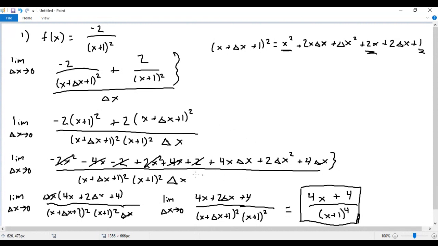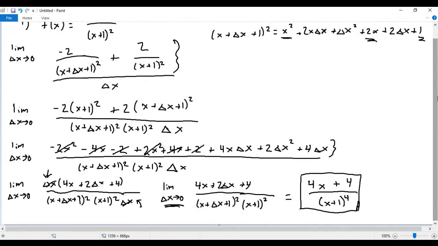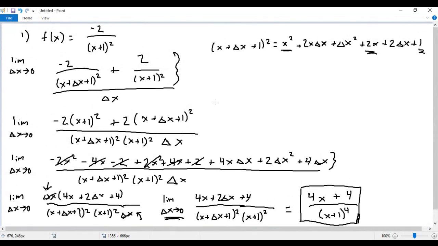You should always be able to factor out a delta x on top like we did here, and that'll then cancel out with the delta x on the bottom. And after that, you should be able to just evaluate your limit by plugging in 0 for delta x. Sometimes it is a bit difficult to see where you're supposed to be going, but as long as you look for where you can factor out the delta x, you should be able to figure it out.